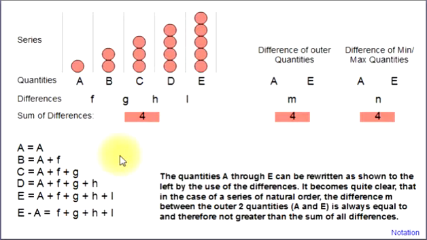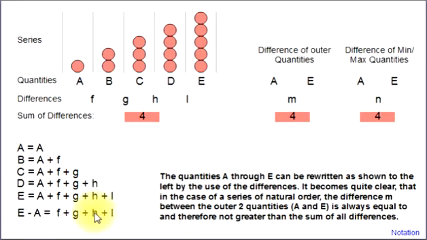And when you write down these equations like this, you notice that in the case of a series of natural order, the difference between the outer quantities, namely A and E, is equal to the sum of all differences in this series.